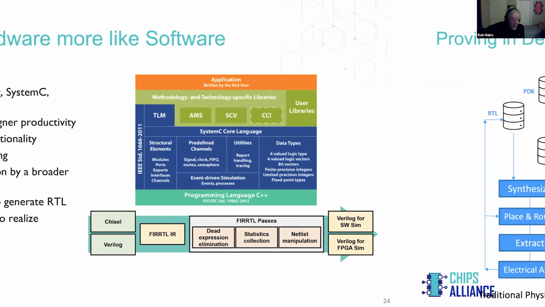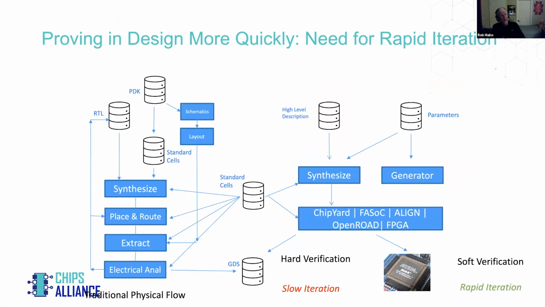This is a somewhat detailed chart, but I just wanted to share this a bit. These are the steps that one goes through in translating a design from the programming language into actual gates. It goes through a process called logic synthesis, which takes in these different technology files. You'll see the process design kit there. You'll see the standard cell library, which is a representation of transistors into logic function gates.